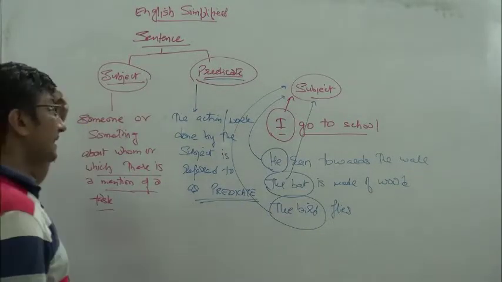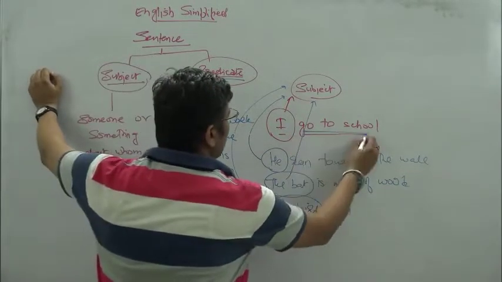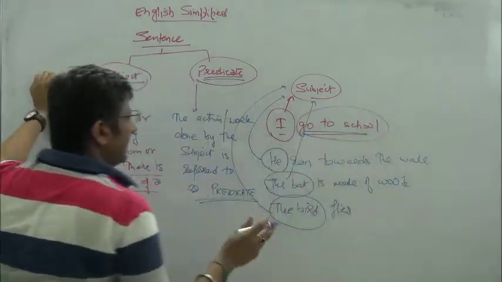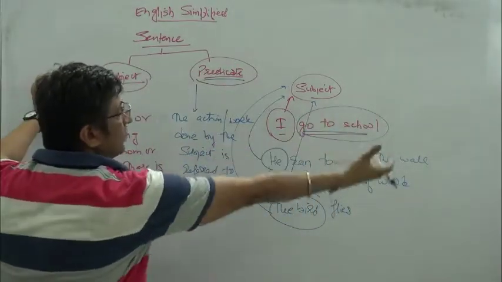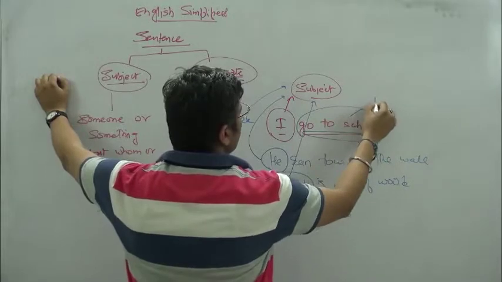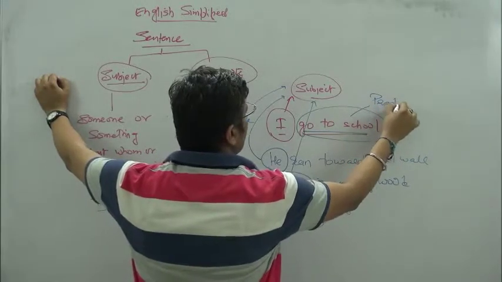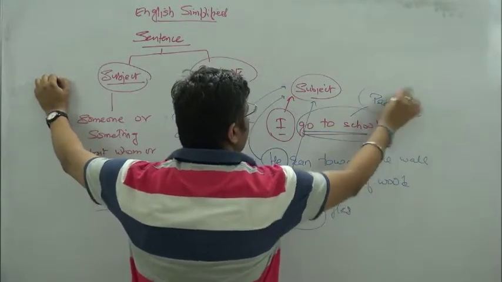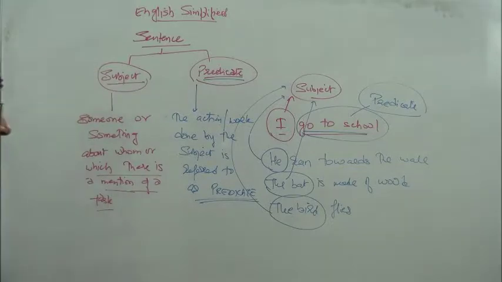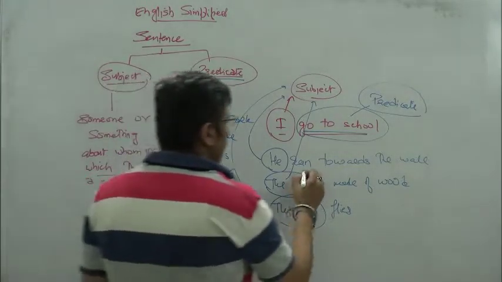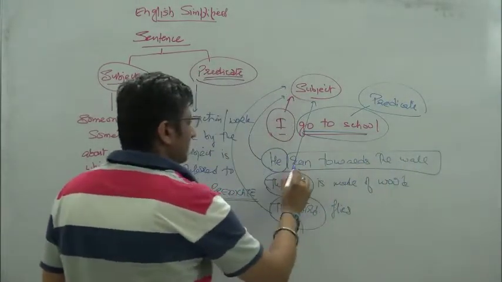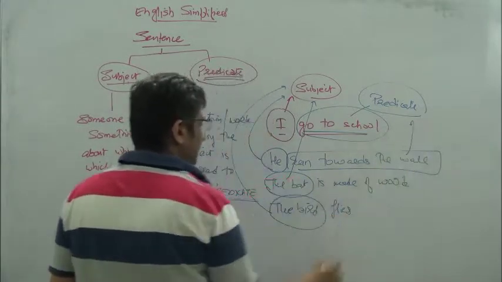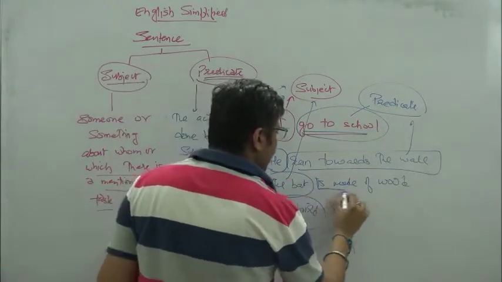So if I say go to school, right? I go to school, I do what? I go to school. So go to school becomes predicate here. Okay, he ran towards the wall. This becomes predicate. The bat is made of wood.